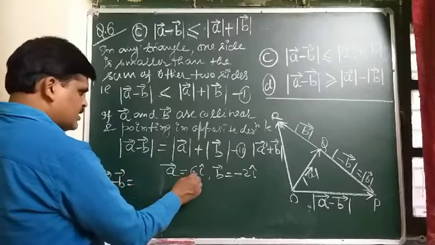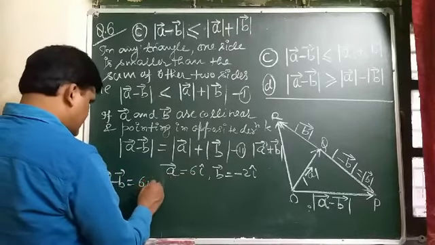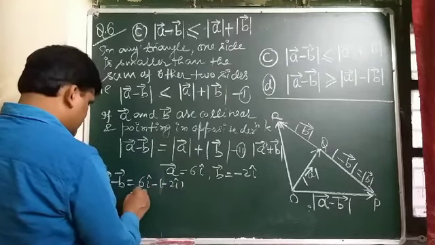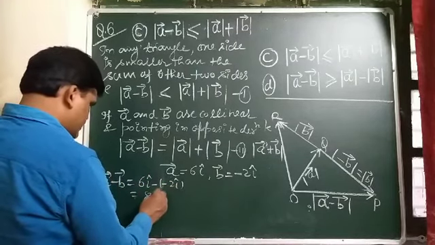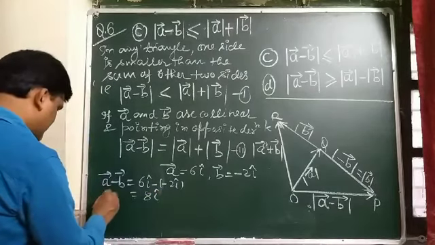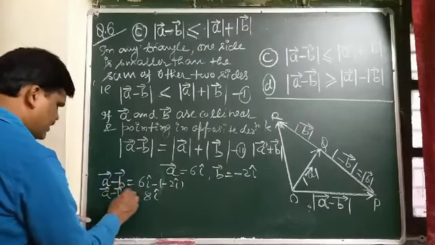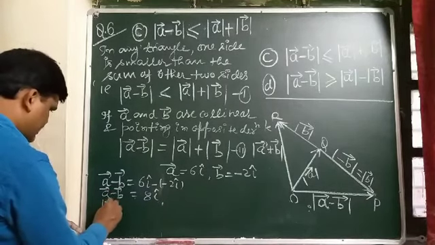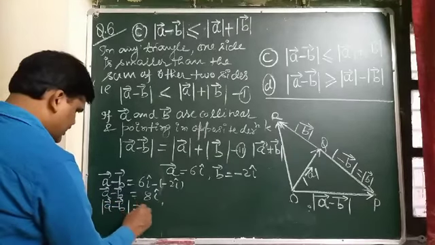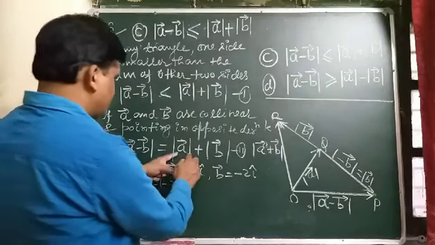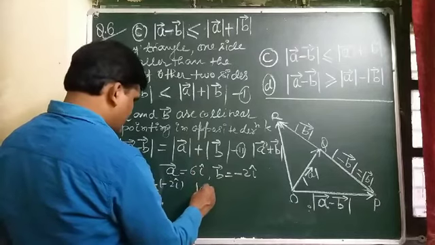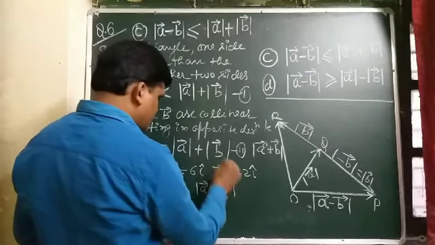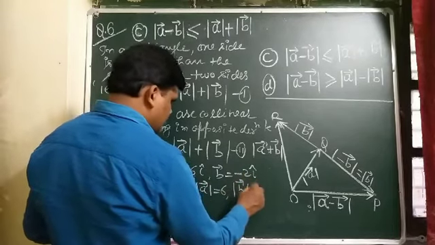So first we have to find A minus B. A minus B is 6i minus 2i. It comes out to be 8i. That is vector A minus vector B, and the mod of this, student, is 8. Now we find mod of vector A, which is 6, and mod of vector B, which is 2, also positive.